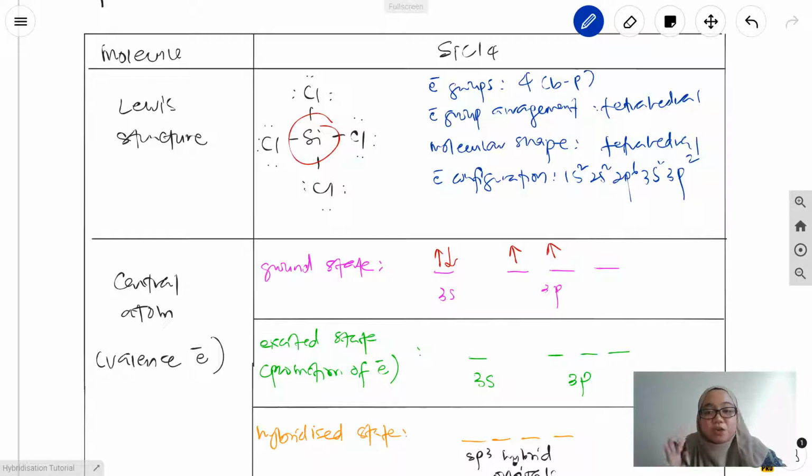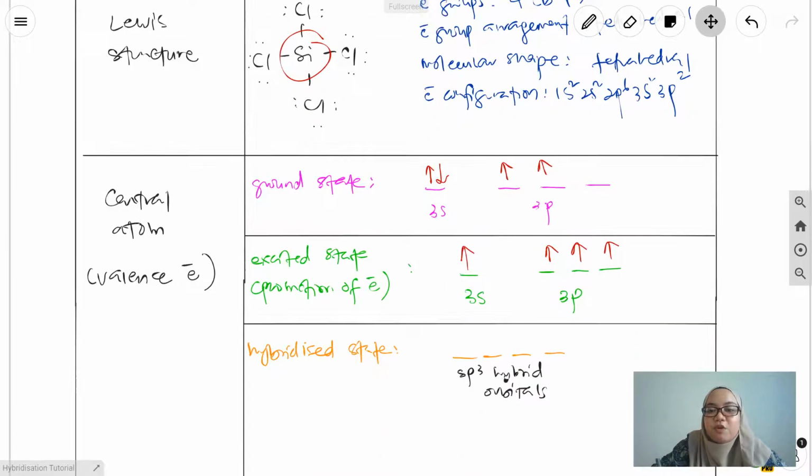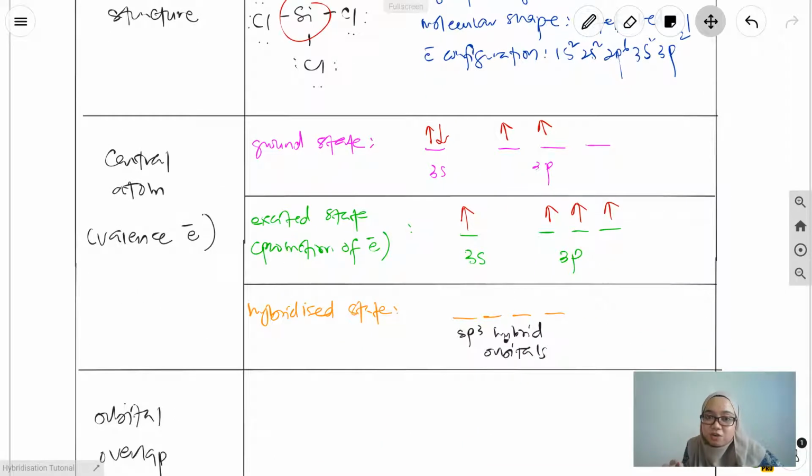So, as we know that we need 4 unpaired electrons, right? What we need to do is promote or excite 1 electron from 3s to the empty 3p orbital. So it will be like this. 1, 2, 3, 4. There will be 4 unpaired electrons. Now they can form 4 covalent bonds with chlorine.